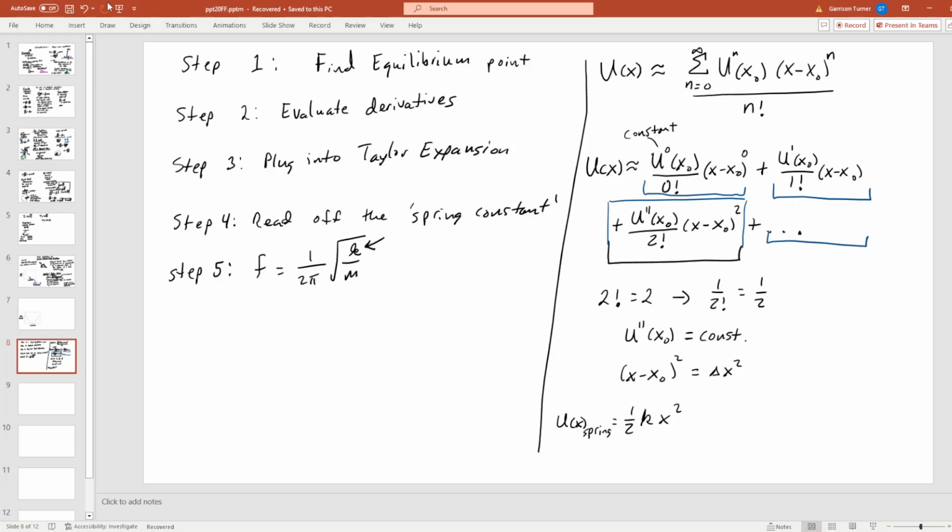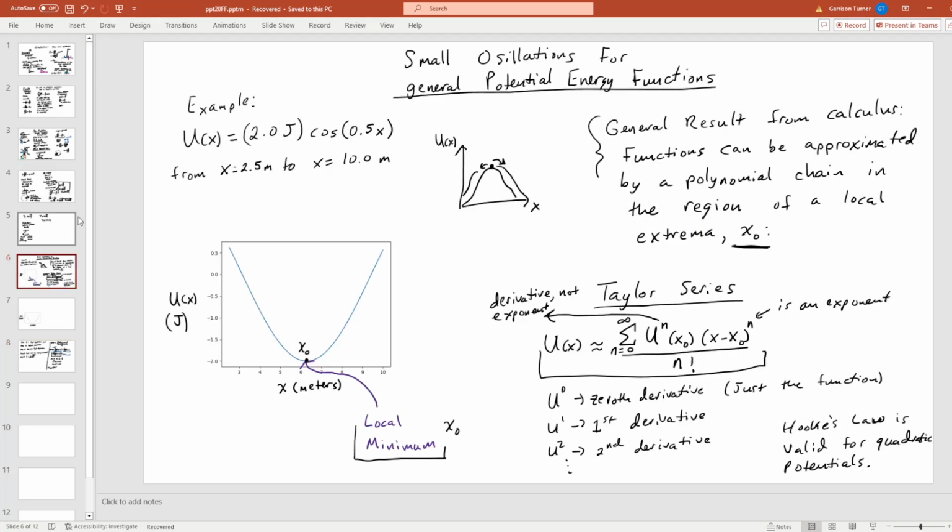Okay. So let's do an example. All right, let's come back up here and let's look at this example right here. Say I have a potential energy function that looks like this. I have a potential energy function of 2 joules times cosine of 0.5x. And I'm looking at this function from x equals 2.5 to x equals 10.